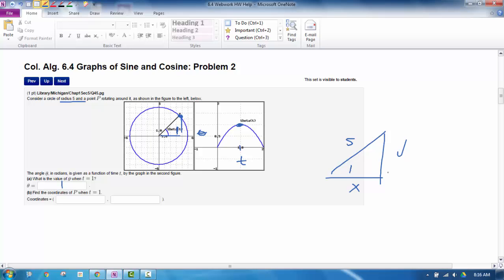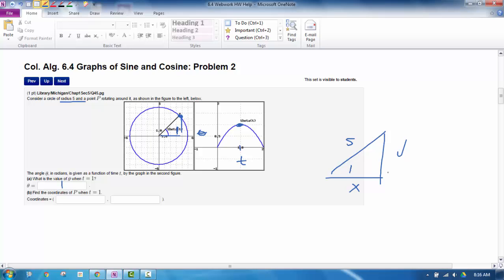To find the coordinates, for x we could do cosine of 1 radian, make sure you're in radian mode, equals adjacent over hypotenuse, and we can also do sine of 1 radian is equal to opposite over hypotenuse. Multiply both sides by 5, and what we're looking for then is these values for x and y, which we can do in the calculator. And I get about 2.702 and 4.207.